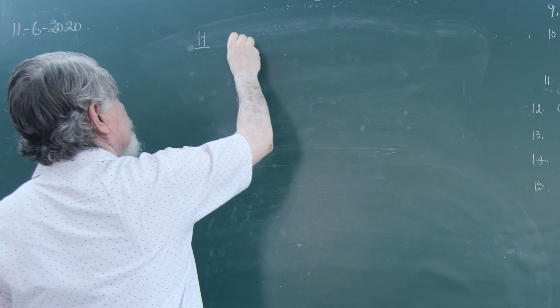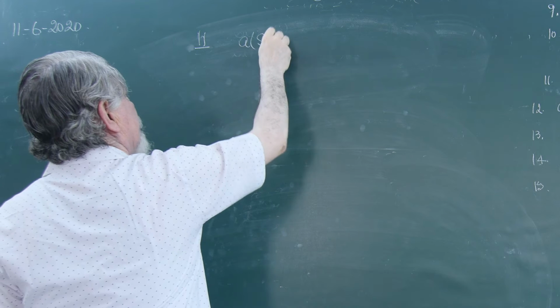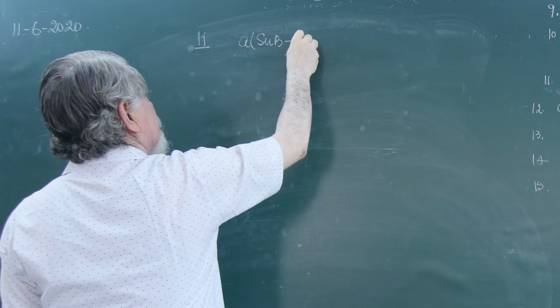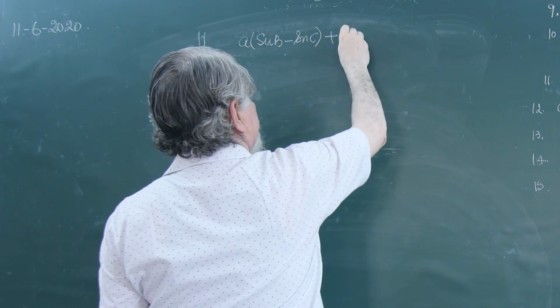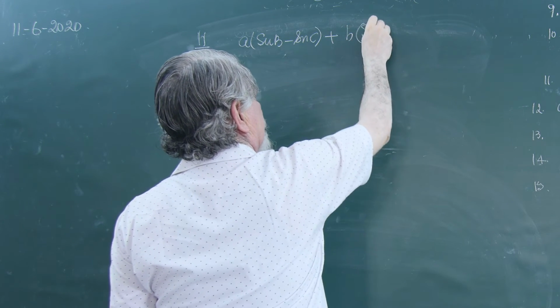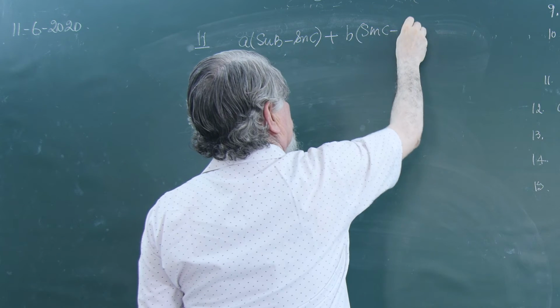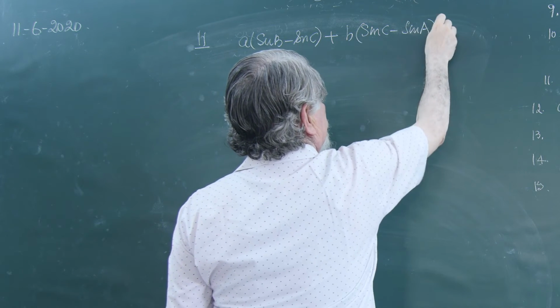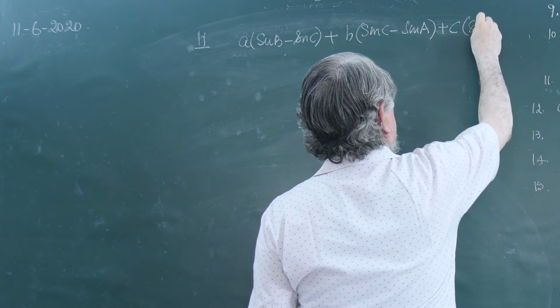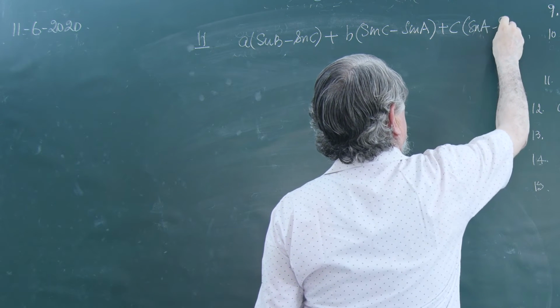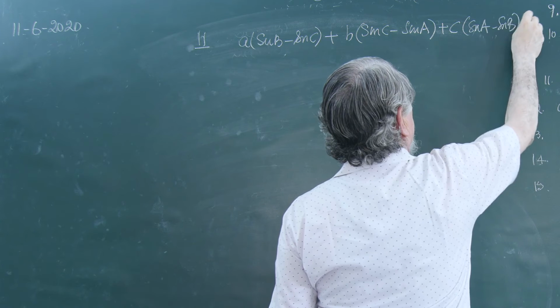Next, A (sin B minus sin C) plus B (sin C minus sin A) plus C (sin A minus sin B). I have to prove it equal to 0.